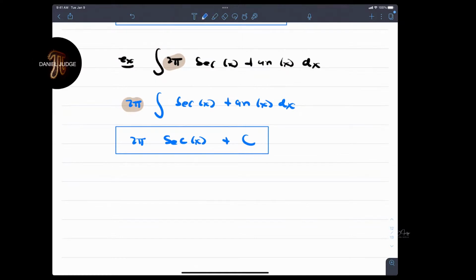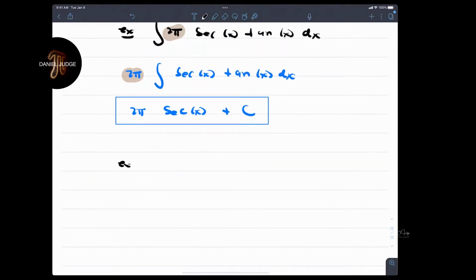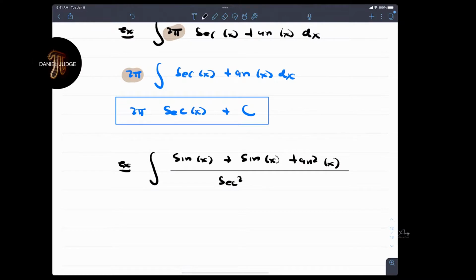So we'll give you guys another example here. This is a trig integral: sine plus sine tangent squared over secant squared.